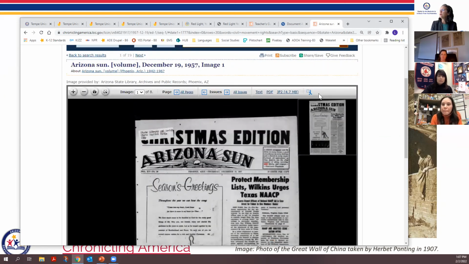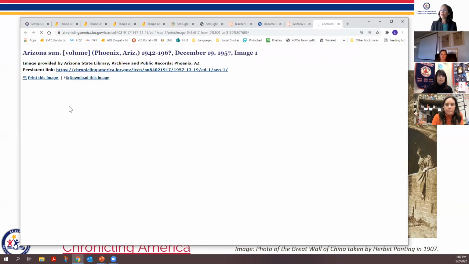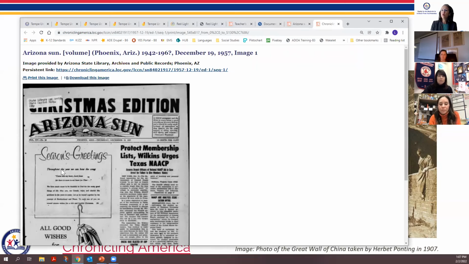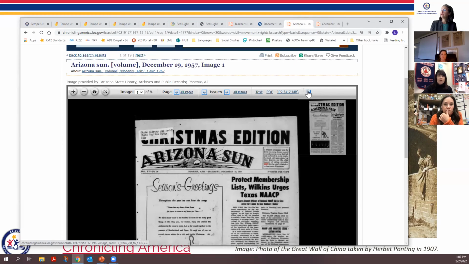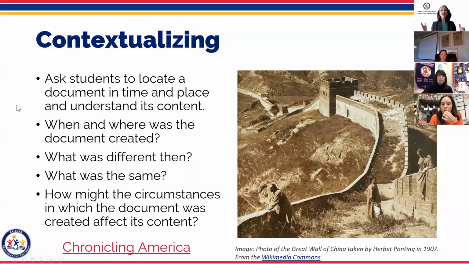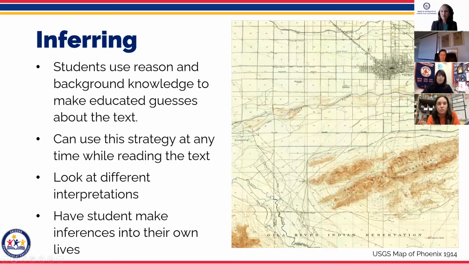And what's nice too is you can come in here and clip just the part of the newspaper that you want to do, an excerpt. It gives you that feature. You can save it as a PDF or text, lots of options for you to bring in some of that context of what else is going on, at least with regards to America in the time period. So that's a good thing to help our students understand their documents when they can see that bigger picture.